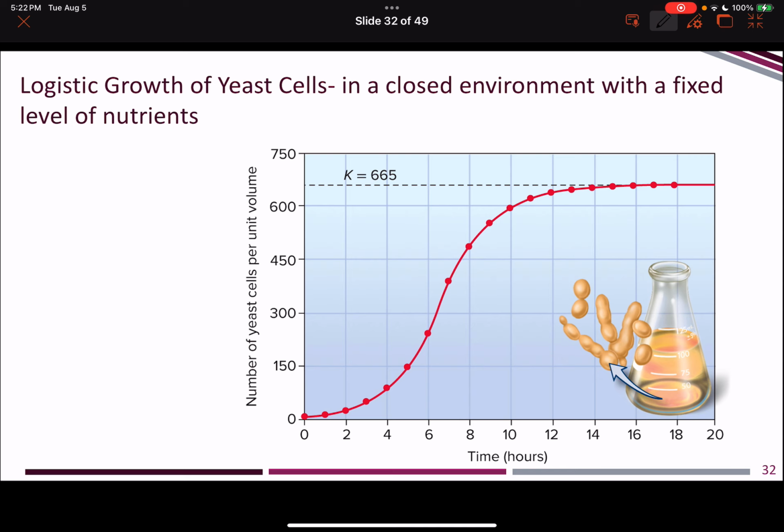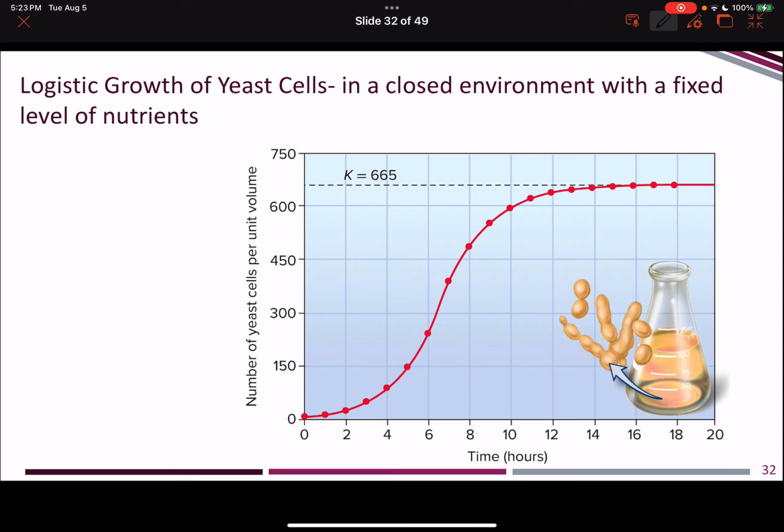But those yeast were provided a set of resources. And in that flask was a limited number of resources. And so when those yeast are first put into that flask, they are small in number and lots of resources because we want them to grow. So we give them a lot of sugars and whatnot for them to use.